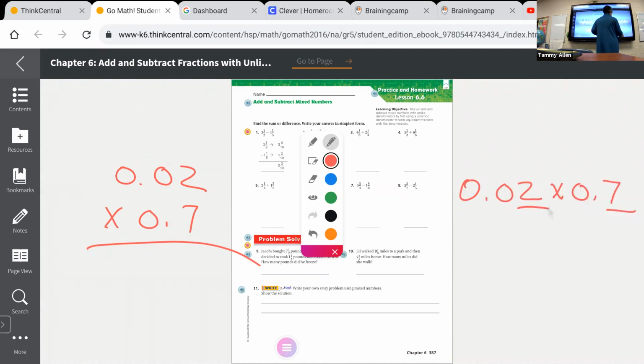And I would have said 2 times 7 is 14. I would go 10, 100, 1,000, right? And it's tenths, hundredths, thousandths, right? Wait, what? Never mind. Okay?